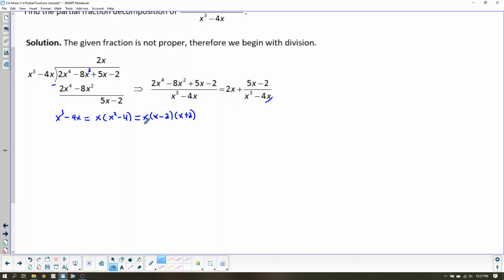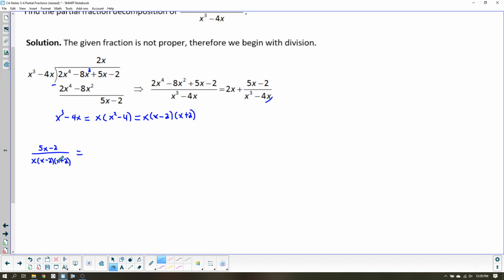So this is the factored form for that denominator. All right, so the proper fraction could be written as 5x minus 2 all divided by x times x minus 2 times x plus 2. Okay, so we can go ahead and start breaking it down.